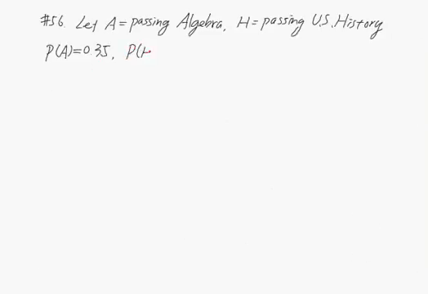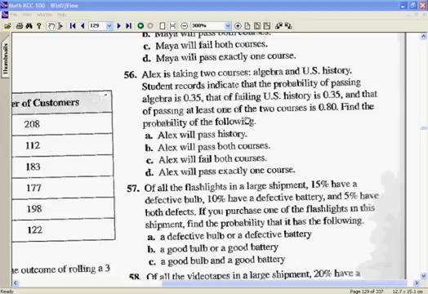So you have P of H prime, and this is equal to 0.35. And the problem says that of passing at least one of these 2 courses is 0.8.